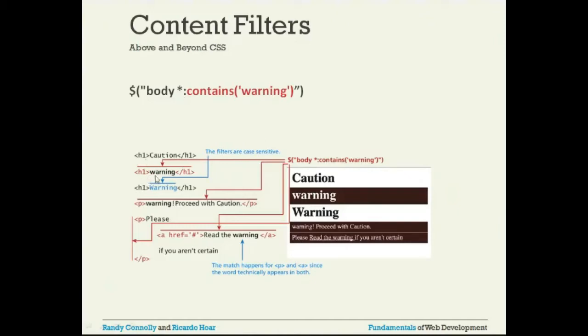Inside the body we have H1, this doesn't match because the W is capital here. This paragraph will get matched, and this link also matches, so it will be selected, and this paragraph is also selected because this element is inside this particular parent element.